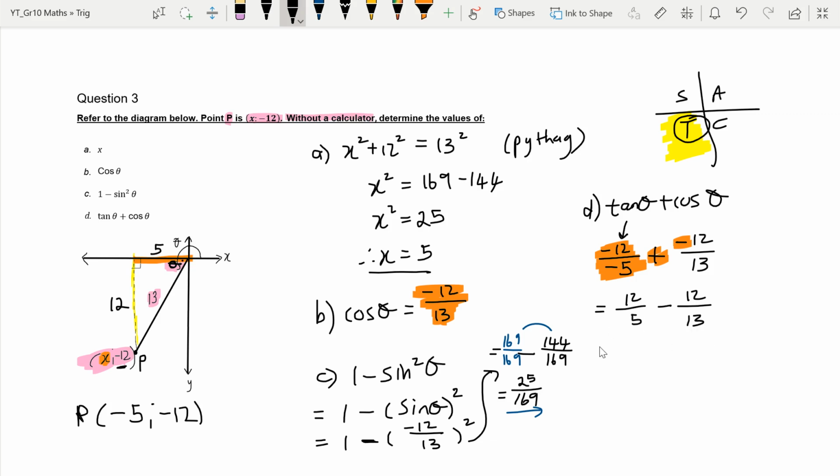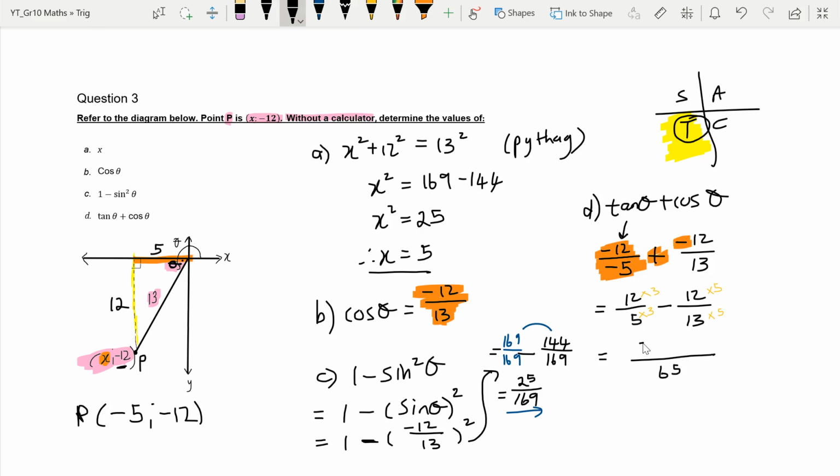And now we need to make our denominators the same. So this is all fractions. I'm just going to multiply those two together. 5 times 13, and that gives me 65. And then I have to multiply that one by 13 and that one by 5. And yes, I am using my calculator just to help me there.